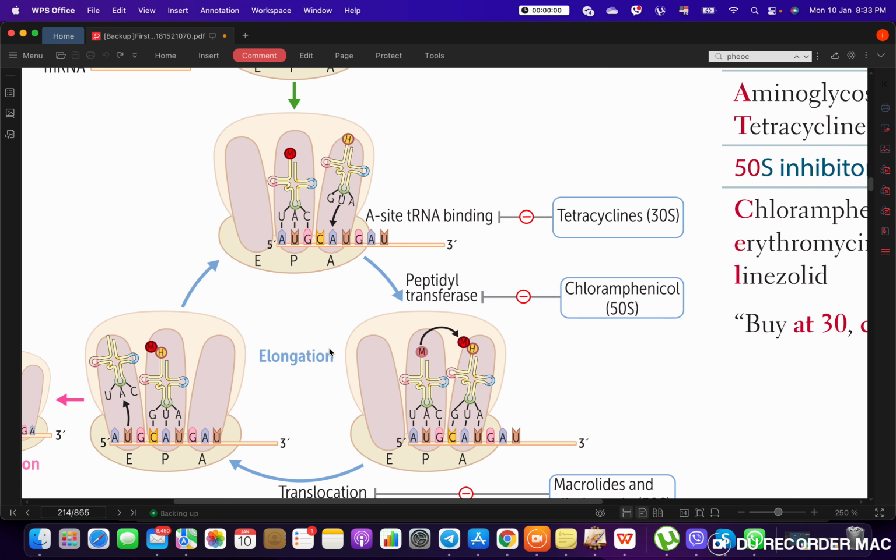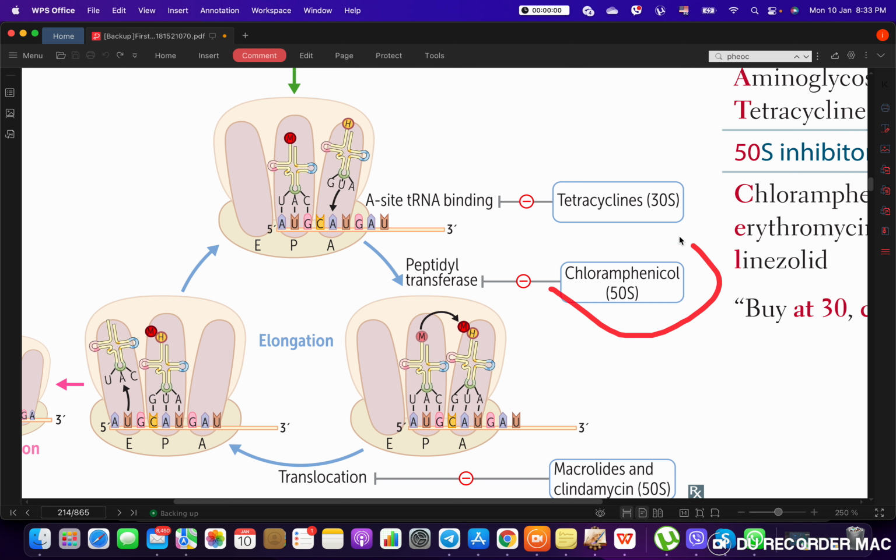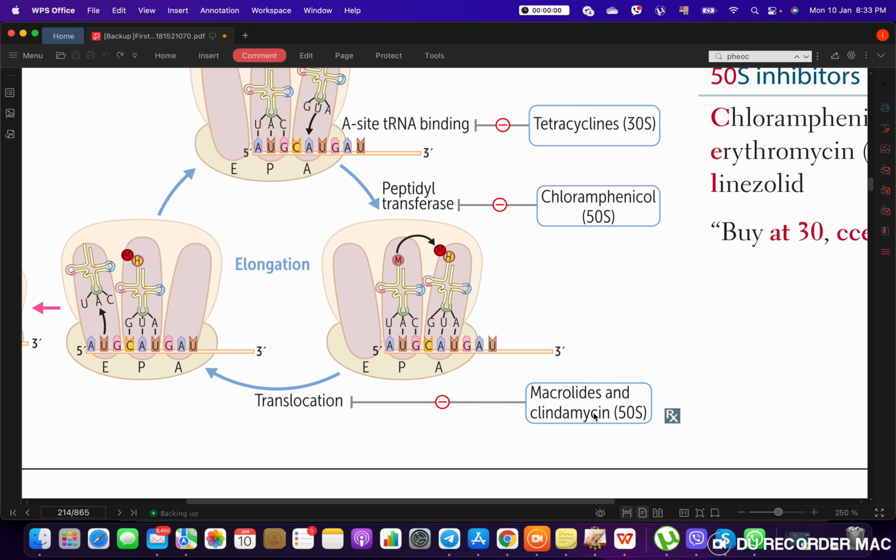They write, tetracycline binds at the A site, which was the loading site of the tRNA binding, okay? And the chloramphenicol binds to the peptidyl transferase, okay? And the macrolide and the clindamycin bind at the translocation, like prevent the translocation.